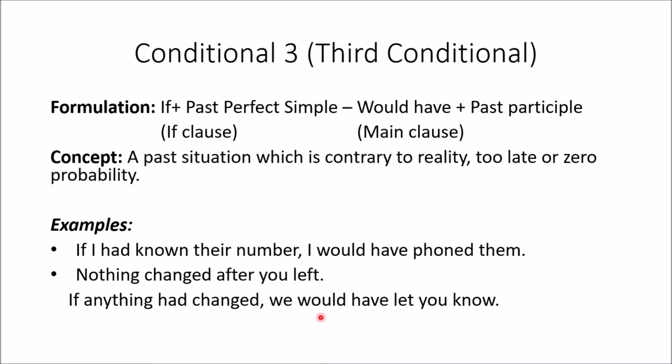Conditional 3. We have a formulation of if plus past perfect simple to make the if clause, and would have plus a past participle of a main verb in the main clause. And we have a concept.